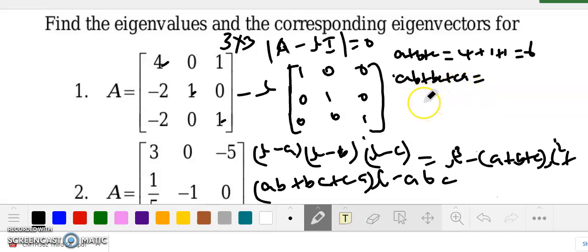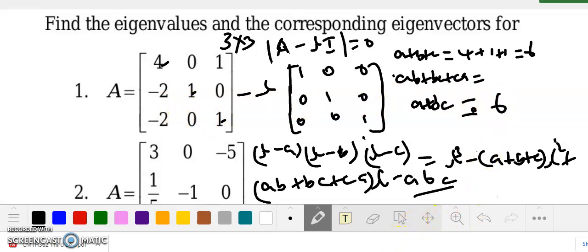And what is the determinant? The determinant is simply abc. This refers to the determinant. You have to pay attention to this so that you will not make mistakes. And the determinant for this matrix, you can put this in your calculator. You will get the determinant of this matrix to be 6.